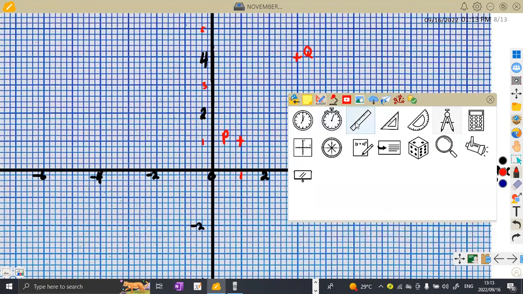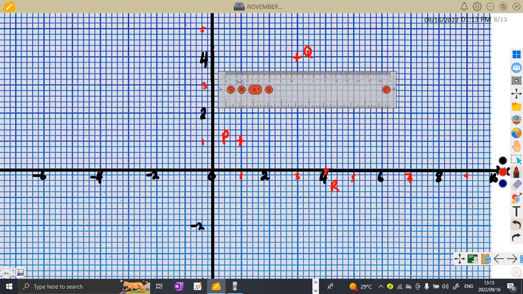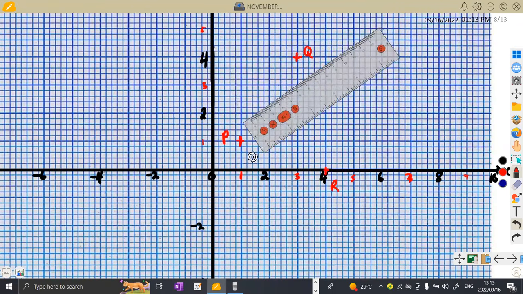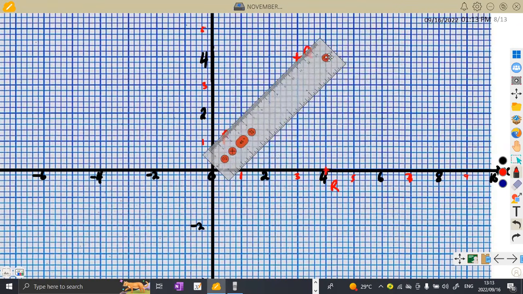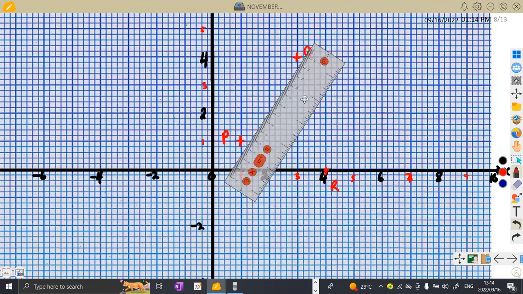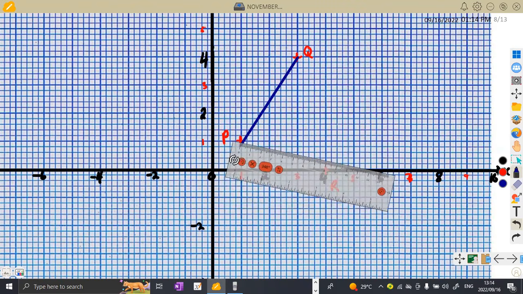Okay, after doing this, we have to join our shape. I'm just going to take the ruler. I just hope it's not going to waste much of our time joining these. Make sure that you join your points properly. I'm taking time because these points are not exact, but as for you, it doesn't take time because you have everything at your fingertips, the ruler, everything.